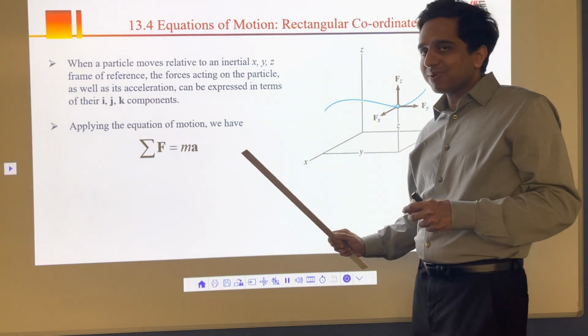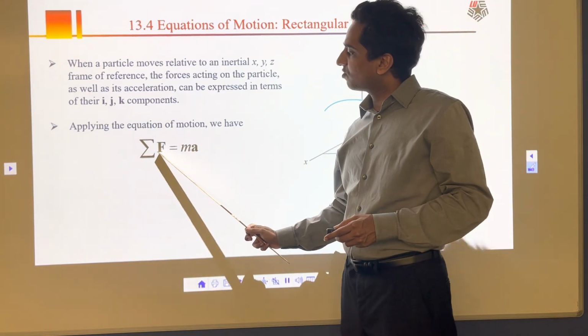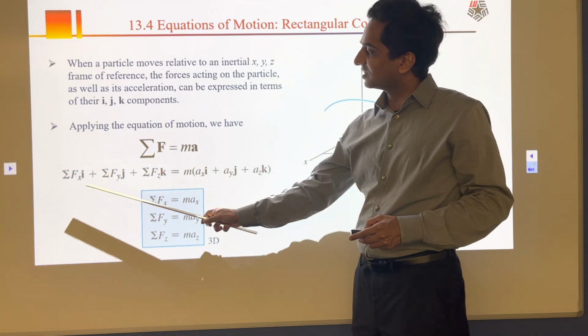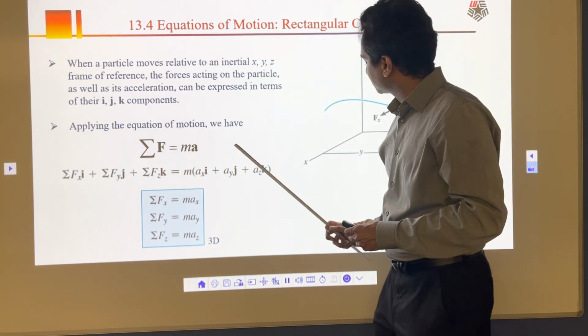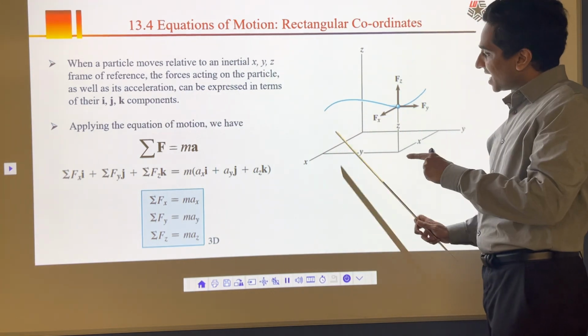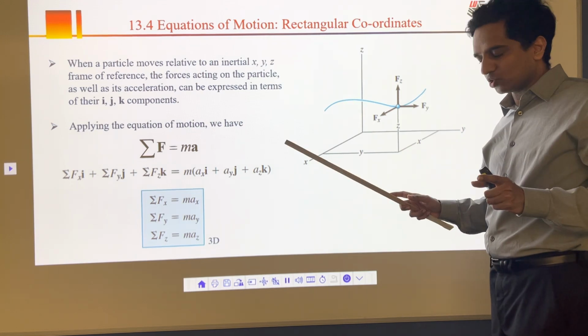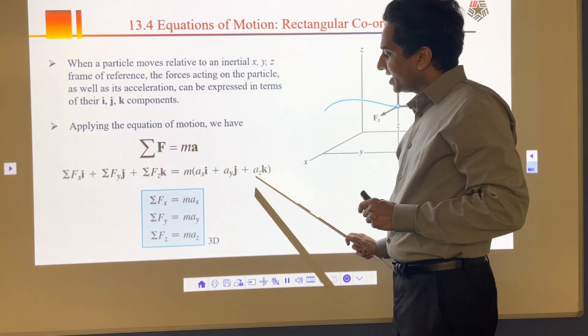If we apply the equation of motion to this particle, I will get the summation of all forces, F, equal to ma. I can resolve these three forces like this: Fx i plus Fy j plus Fz k, with respect to directions. As it moves, it has acceleration, and that acceleration I can also resolve into three components: ax, ay and az.